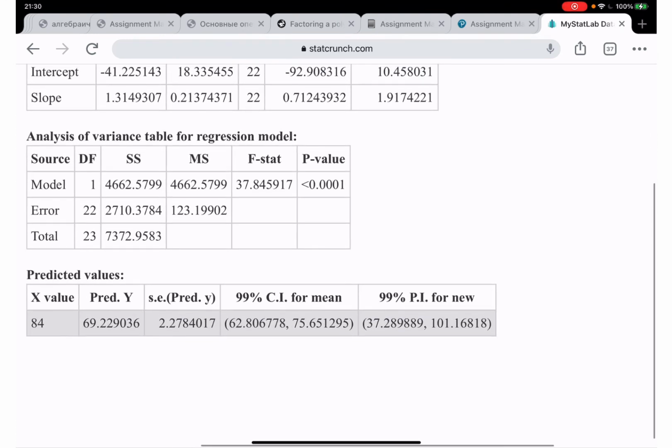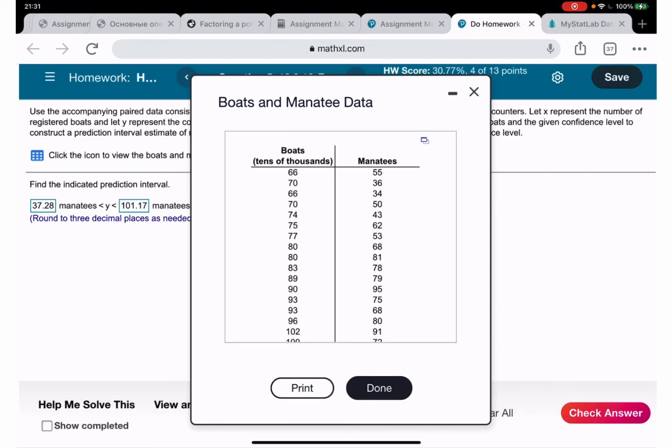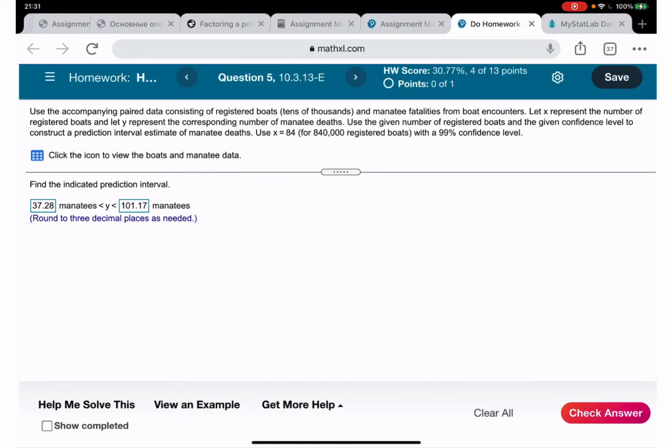So 37, okay, 290, if I round it, and 101 is going to be 168. Okay, 168.